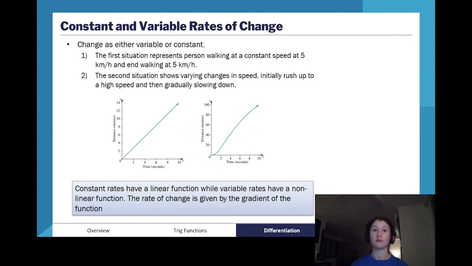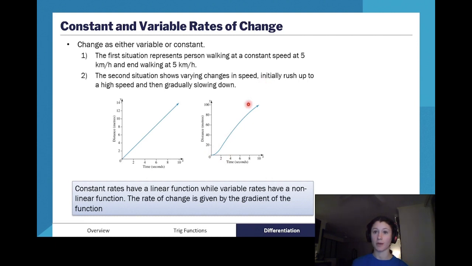So our first situation represents a person walking at a constant speed of 5 kilometers per hour. And the second situation shows a varying change in speed, initially rushing up to a higher speed and then gradually slowing down. So this might be an example of if you're running a race and you initially start the race by sprinting and going as fast as you can, which is this steep part here, so your distance is increasing more for every second passed.